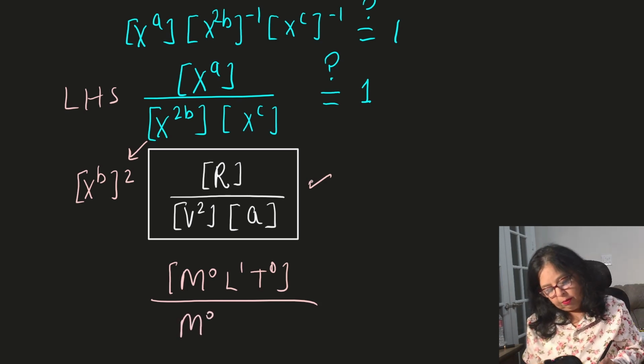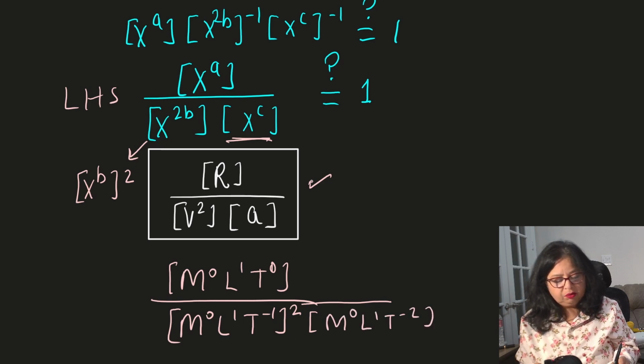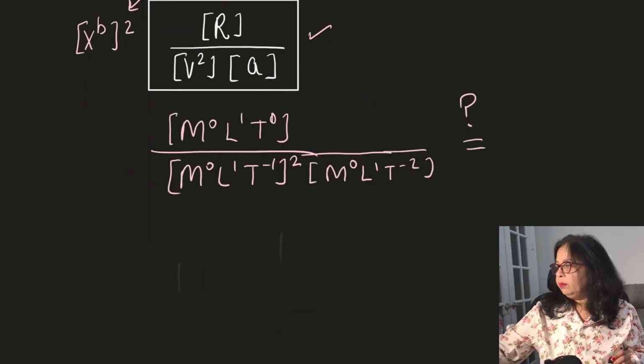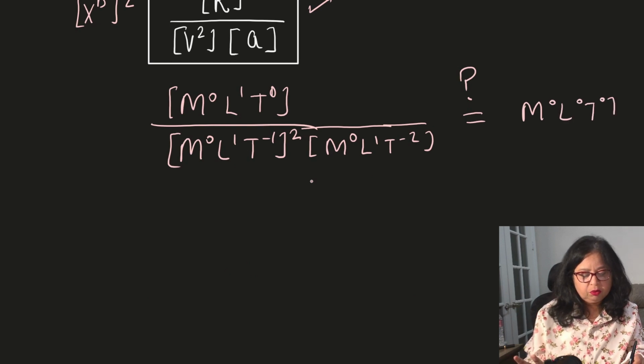Speed is m0 l1 t minus 1, and this is raised to the power 2. Next, I have this x to the power c in the denominator, which gives me acceleration, m0 l1 t minus 2. We want to see if this is equal to what? If this is equal to 1, which is m0 l0 t0.